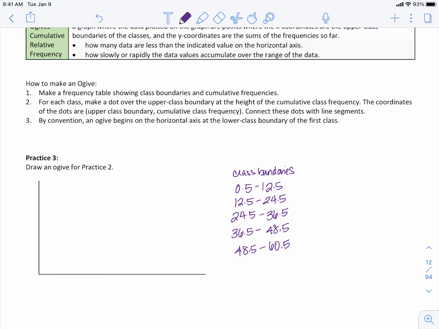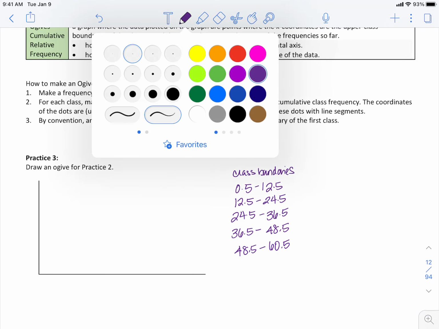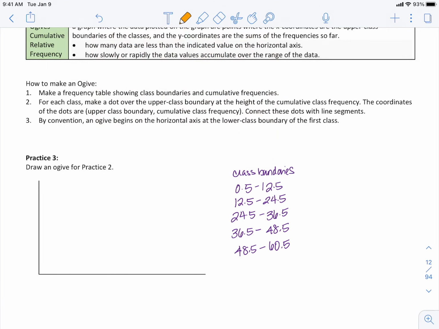Okay, so if we are listing our frequencies, I'm going to put this in another color. So our frequencies we had were, if you recall, 6, 10, 5, 13, and 8.